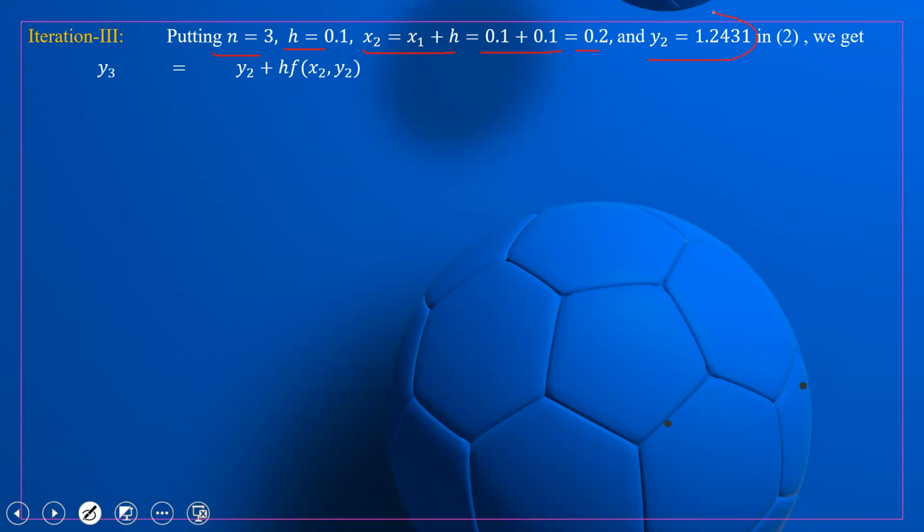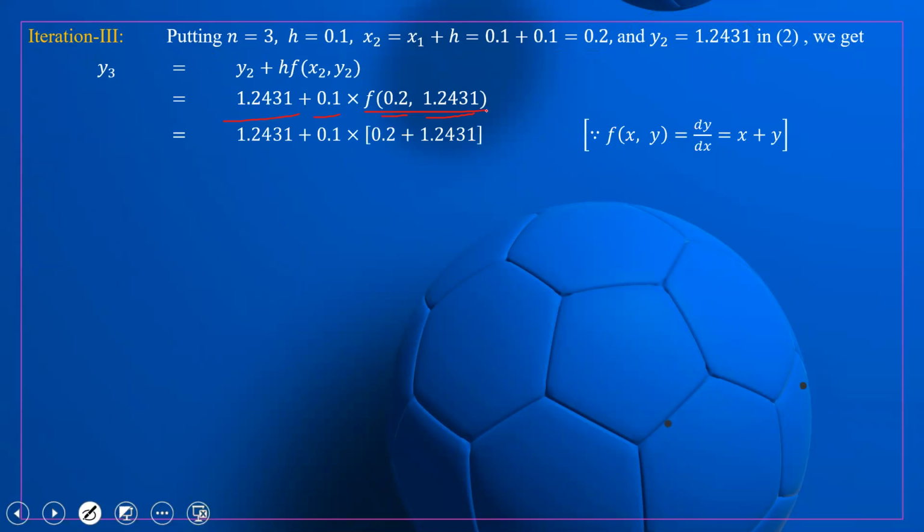Y2 is what we have calculated in the last part, and we have to find out the value of y3. So what is y3? y2 plus h times f of x2 y2. So if you put all these values, y2 is 1.2431, h is equal to 0.1, and x2 is equal to 0.2, and y2 is 1.2431.